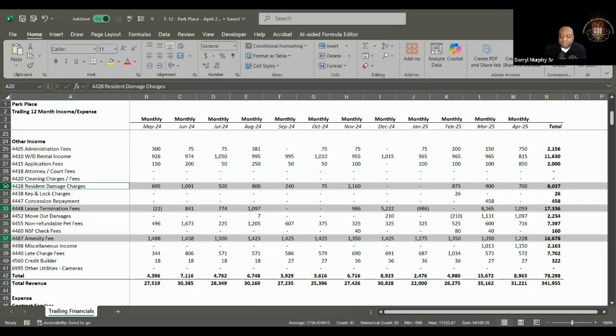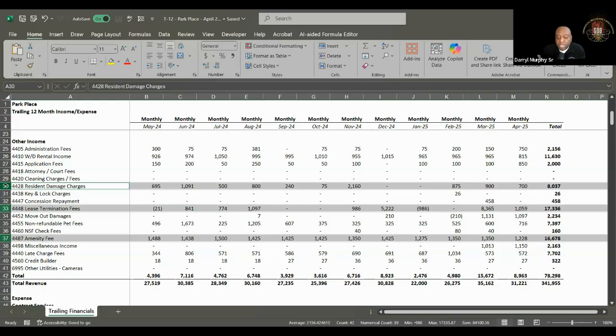Mr. Jarman, that's excellent. I don't know if you all caught what Mr. Jarman said. He said that lease termination of 17,000, that's a lot. That's a big amount. And I have to agree with Mr. Jarman. What is going on with this property that the lease termination fees are so high?